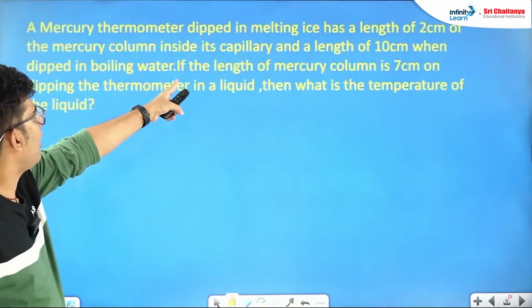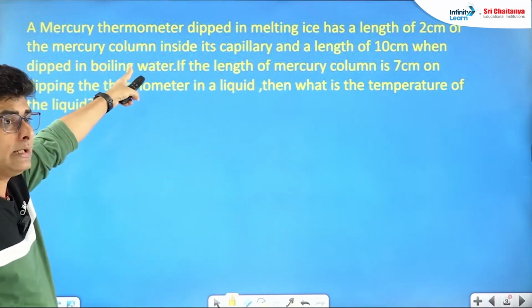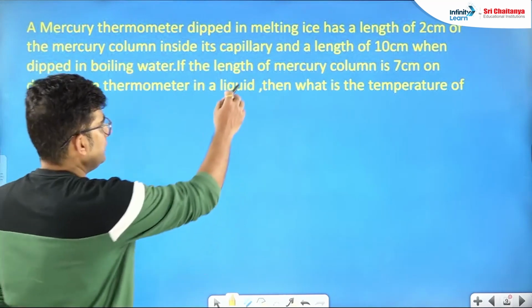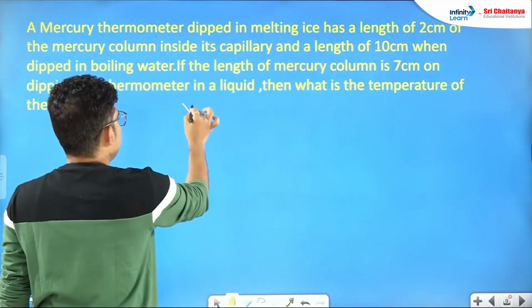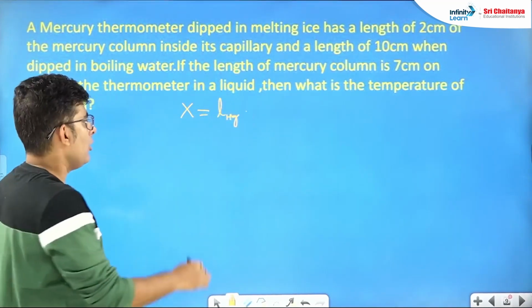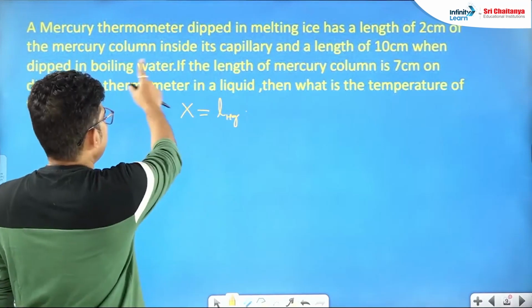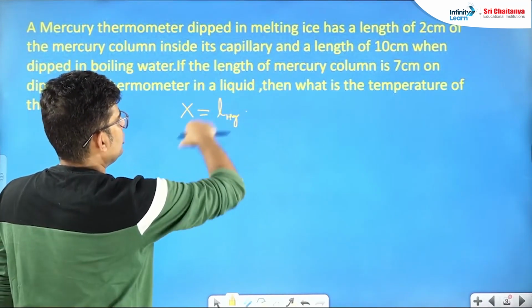A mercury thermometer dipped in melting ice has length of 2 centimeter of mercury column. Here they are talking of length. When you dip it in melting ice, length is given 2 centimeter. So here x is given as length of mercury column. Now they are saying when you dip in boiling water, its length becomes 10 centimeter, and in ice it is 2 centimeter.